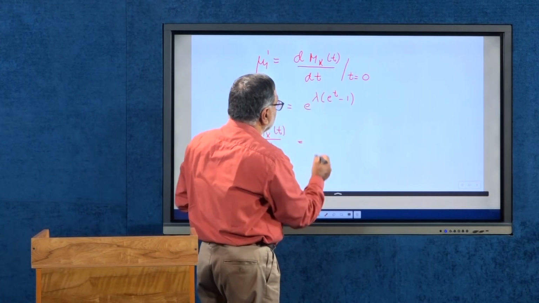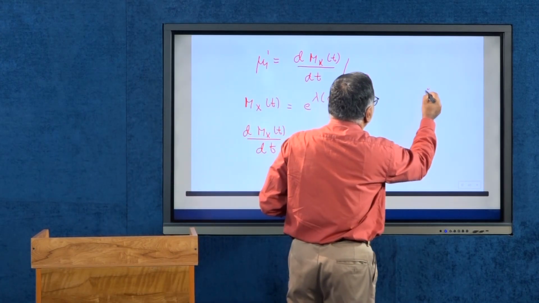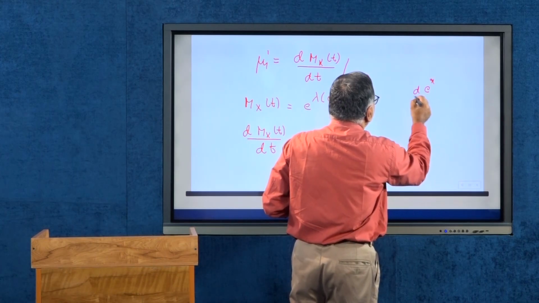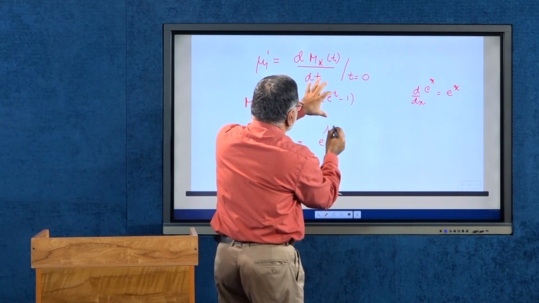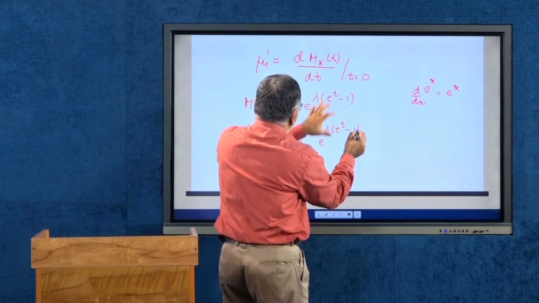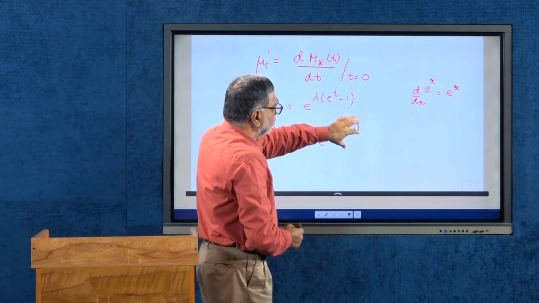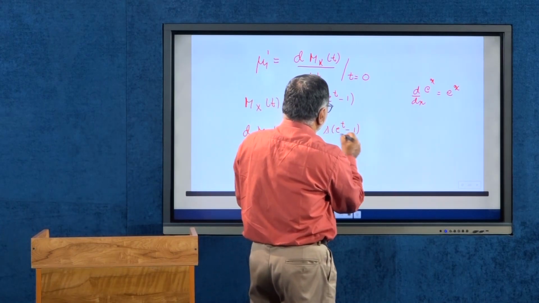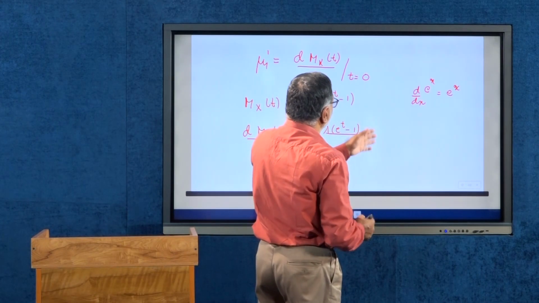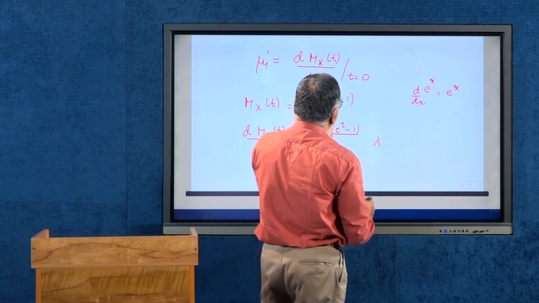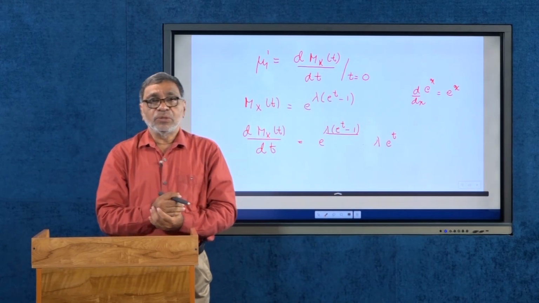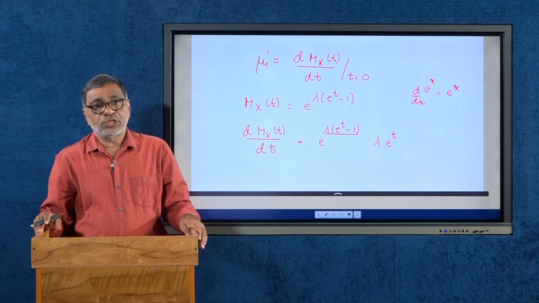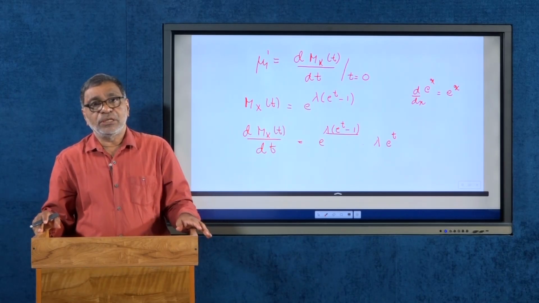The derivative of e^x is e^x. So, the derivative of this function lambda(e^t - 1), we are differentiating with respect to t, remember, lambda(e^t - 1) is a function of t, so we multiply by the derivative of that function, which is lambda e^t. So, the derivative of the moment generating function with respect to t is e^(lambda(e^t - 1)) times lambda e^t.